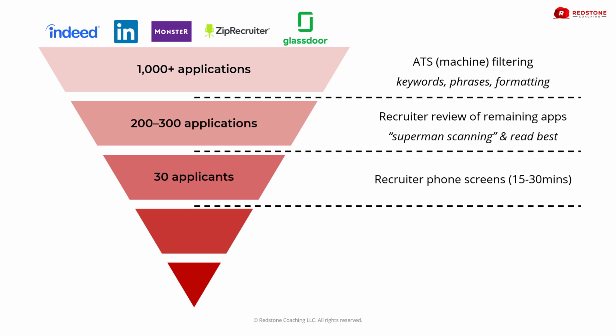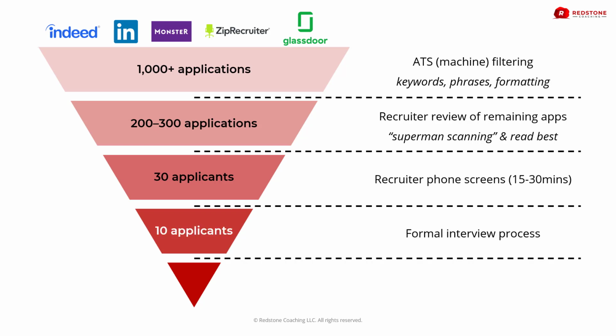Maybe only 30 out of 1,000 or more applicants actually get an initial phone screen for 15 to 30 minutes, and maybe they only move 10 of those people into a formal interview process, and then they extend an offer to one person, whoever interviewed the best. So if you think of 10 out of 1,000, that is a very small number. That's 1%. When you go through online applications, it's extremely competitive, and this is how most people try to get jobs.